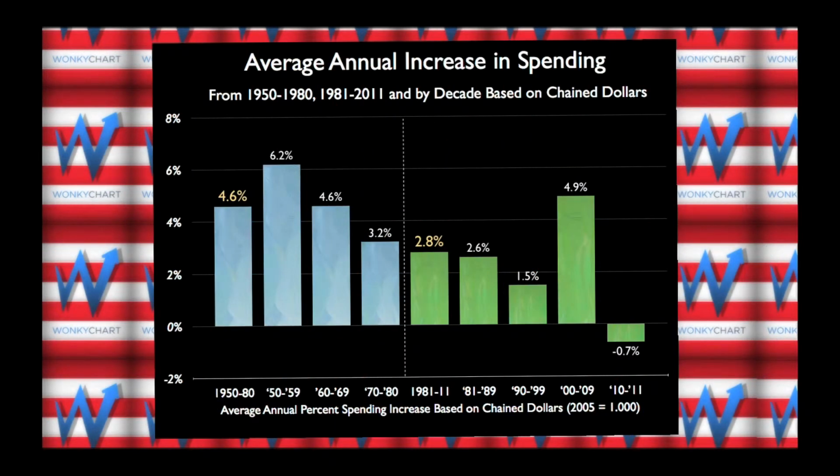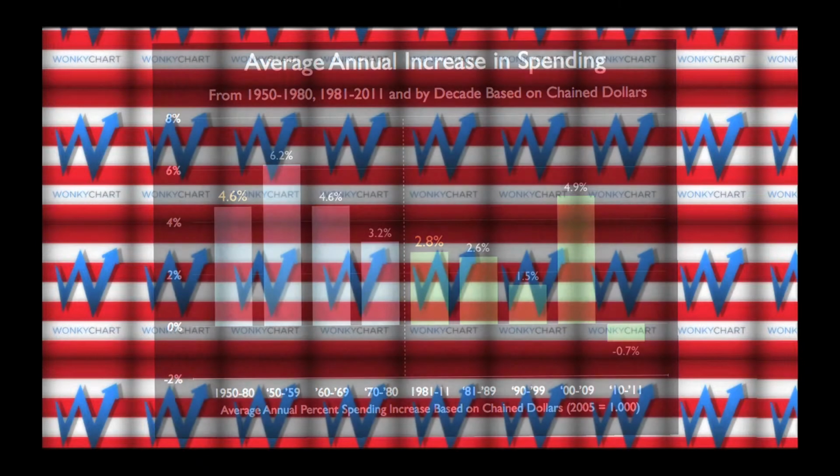In the 30 years from 1950 to 1980, increases in outlays, spending, averaged 4.6%. From 1981 through 2011, increases in spending averaged 2.8% annually. Actually, they were spending more in the first 30-year period than they have in the last 30 years.